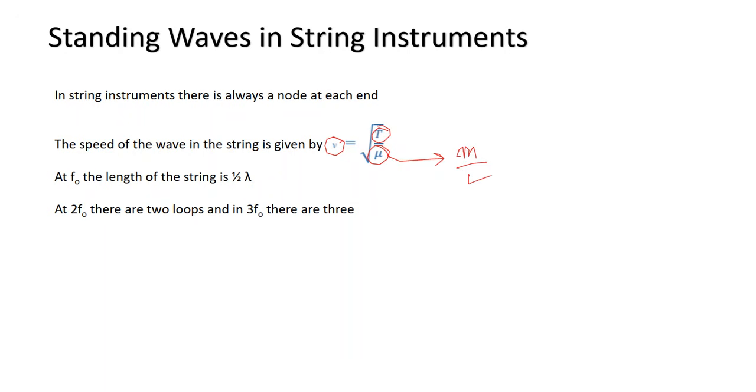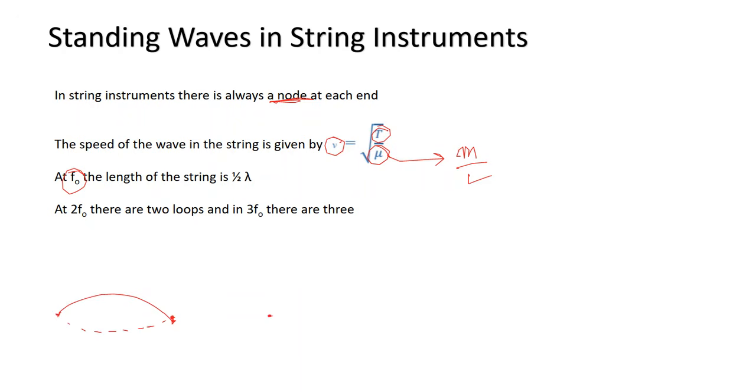Now in a string instrument, if it is oscillating with the frequency f0, which is the fundamental frequency, like this, there will be a node at each end and an antinode in the middle.